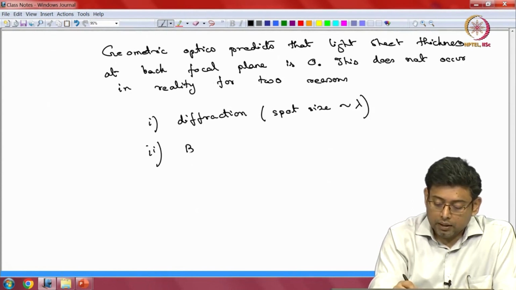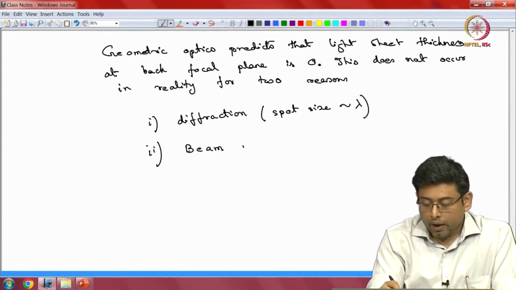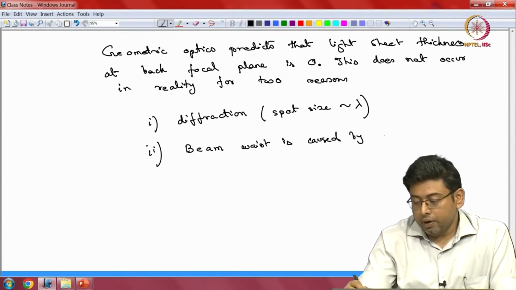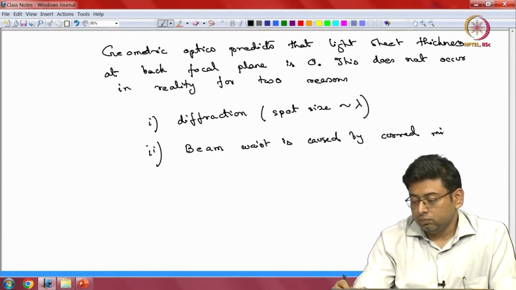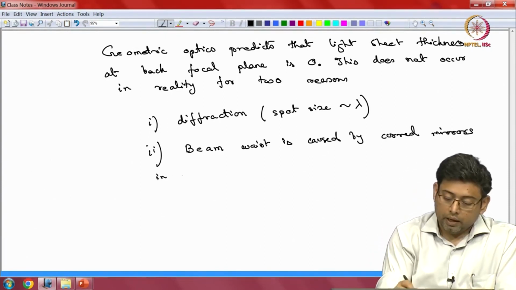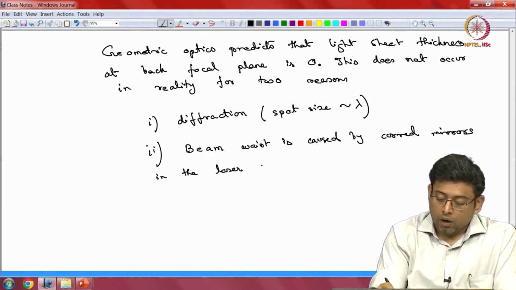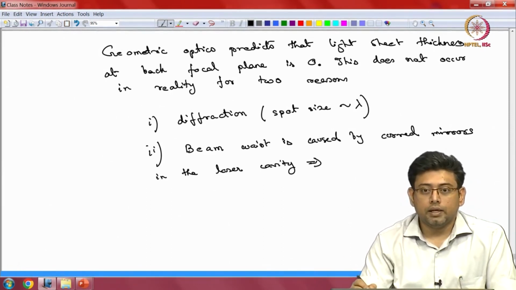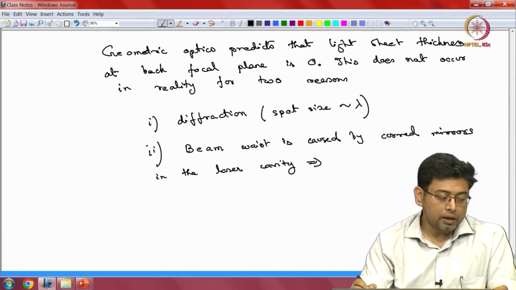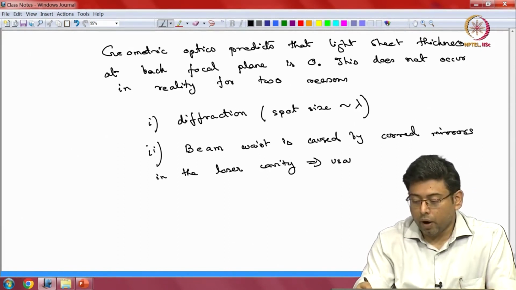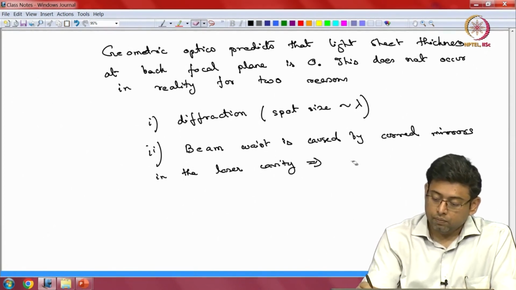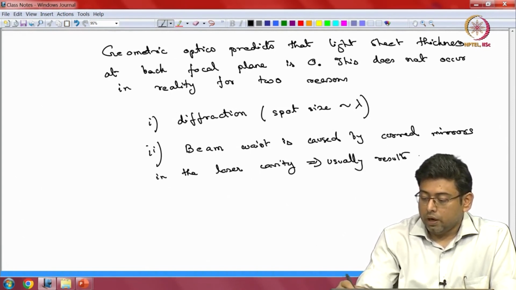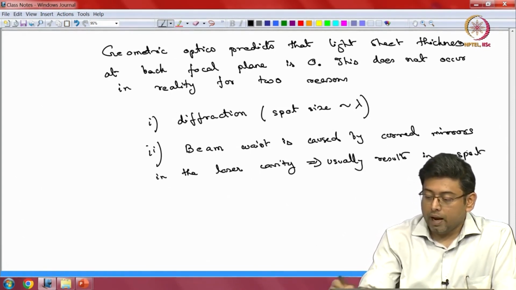So, the other reason is that the beam waist is caused by curved mirrors in the laser cavity, and because of this beam waist the size of the focused point usually results in a spot size greater than lambda.